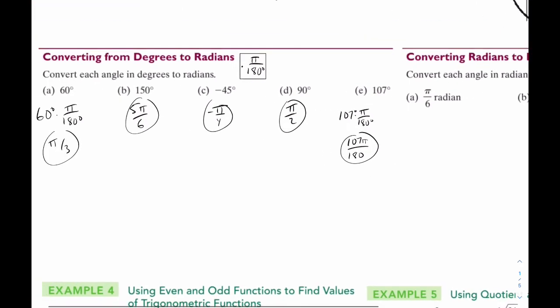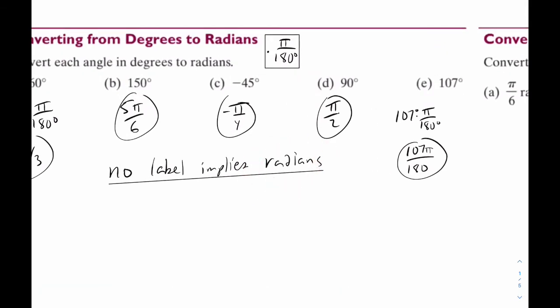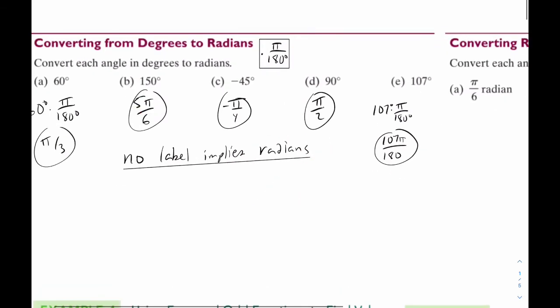Now you also notice that none of these have labels, and that's fine. In terms of trigonometry, no label implies radians. So that's the one time in math you don't need a label, because if you don't label an angle, we actually assume it to be a radian because it's so common. So all these answers would be considered correct.